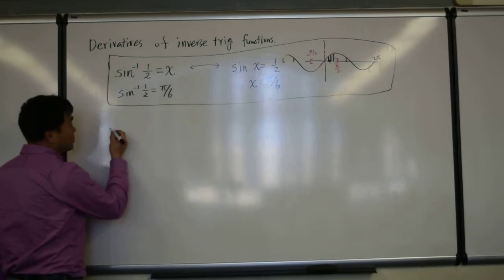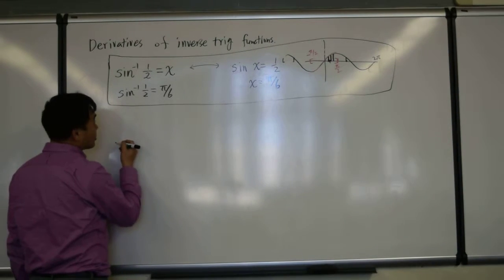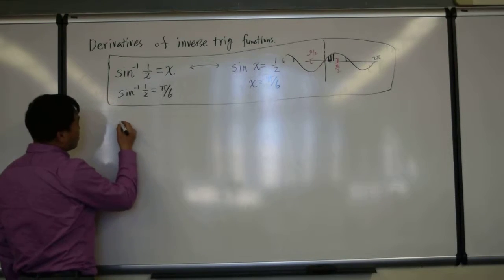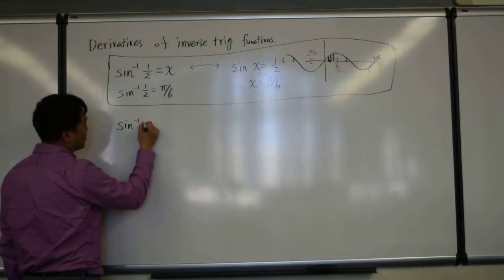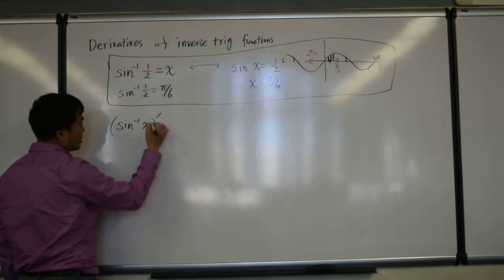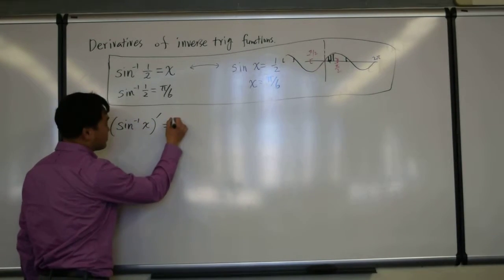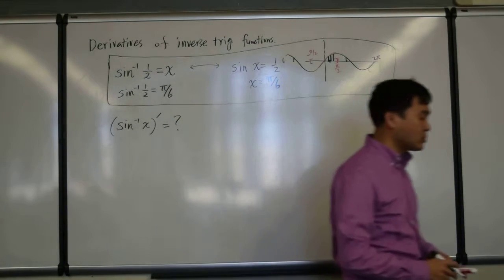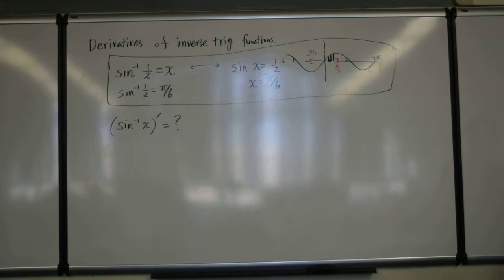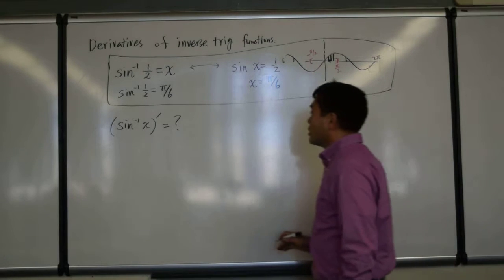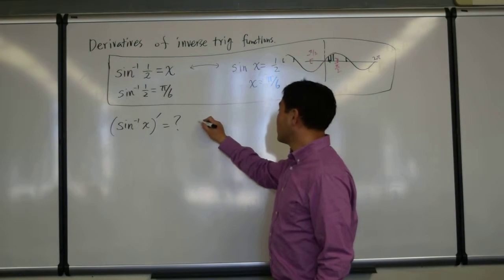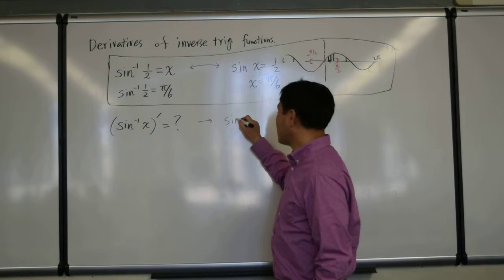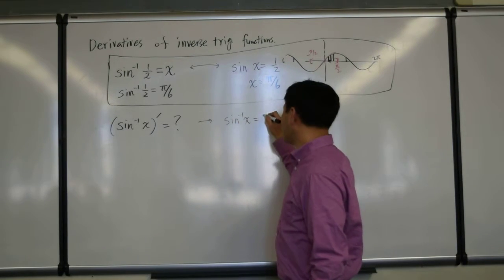All right. So now let's try to think about the following question. What is the derivative of sine inverse of x? Let's think about this question. All right, first of all, we're going to do something very similar. We're going to say, let's say sine inverse of x is equal to y.